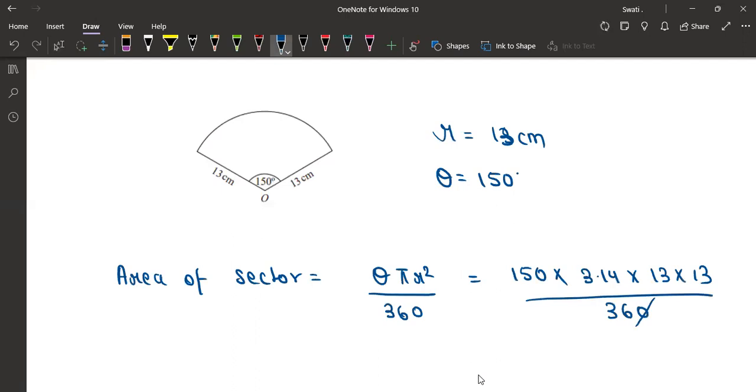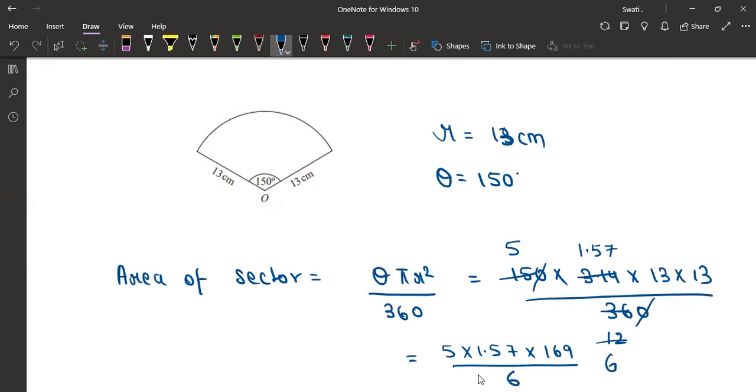Now, of course, common factors will get cancelled. 3 times 5 is 15, and 3 times 1 is 12. 2 times 6 is 12, 2 times 1 is 2, and 2 times 5 is 10. So 1.57. We cannot cancel it further, so it will become 5 times 1.57 times 13 times 13, which is 169, over 6.